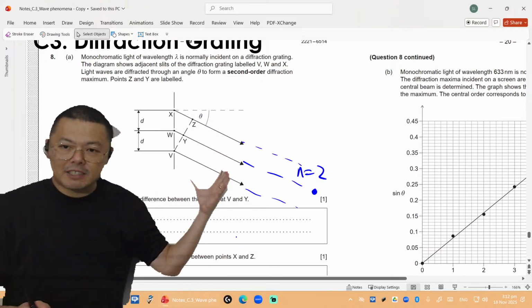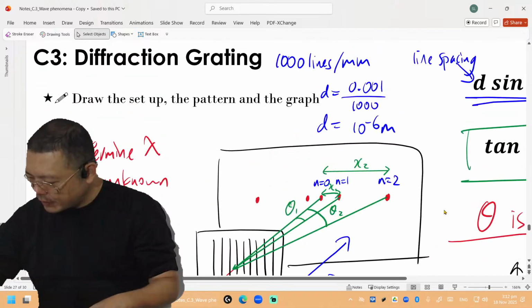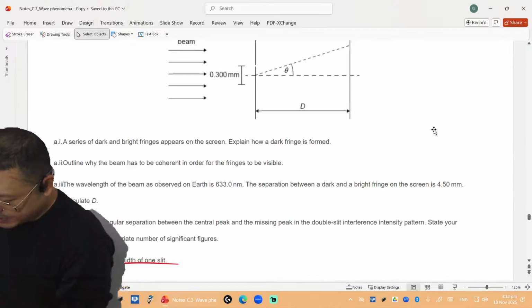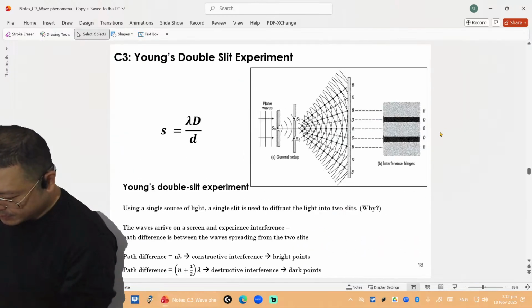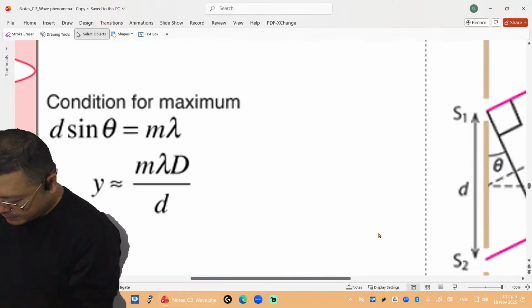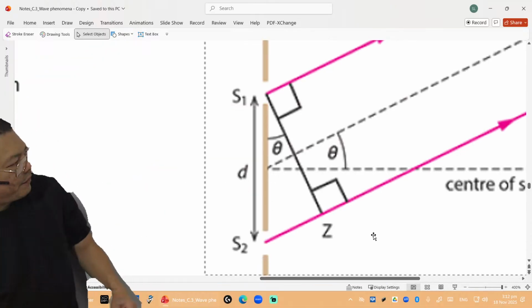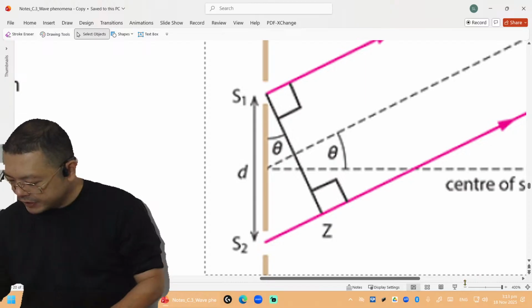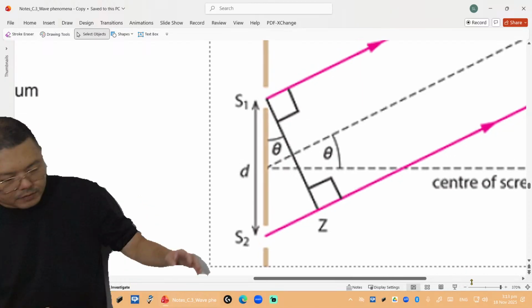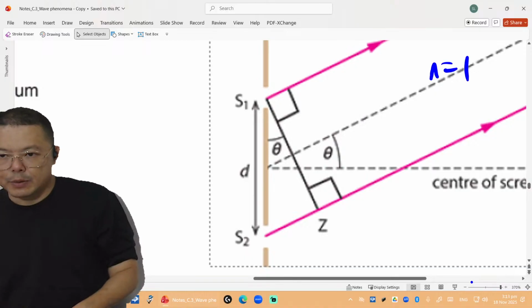So for diffraction grating, there are many slits. If there are only 2 slits, we go back to the 2 slit example. Let me just show it to you, which is here. Remember, we were trying to do these derivations. And then I said that these two are headed towards n equals 1, right?